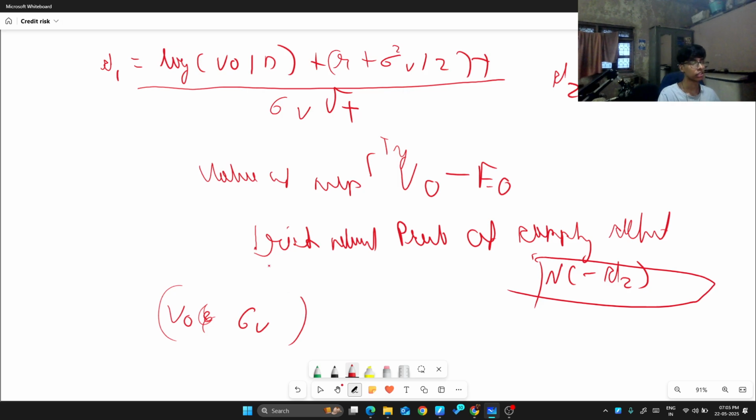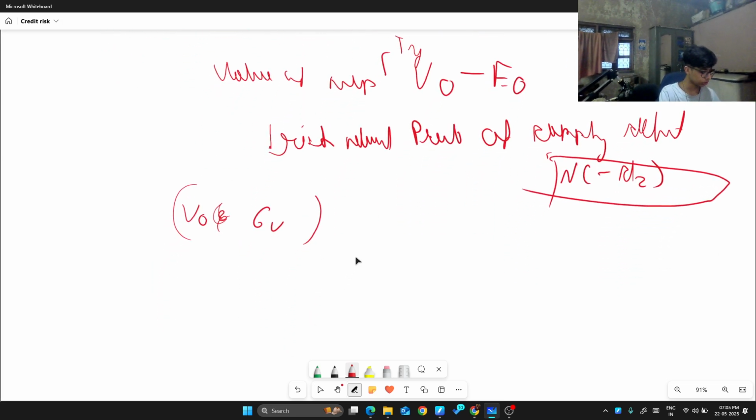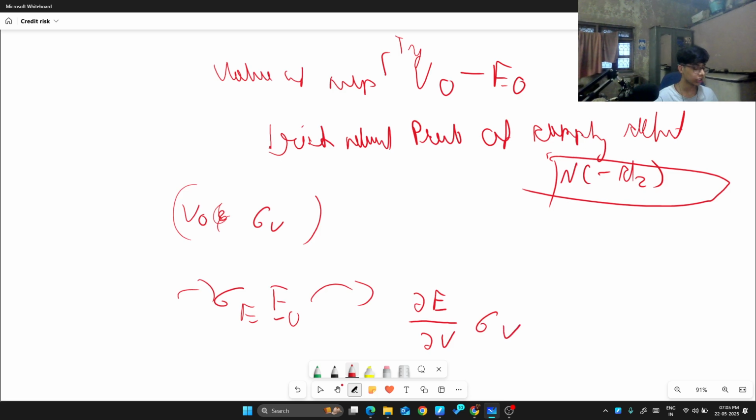But if we apply Ito's lemma to our equation, then our final equation tends to be: the partial derivative of E with respect to V, times the volatility of V0 today, equals N(d1) times sigma V times V0.